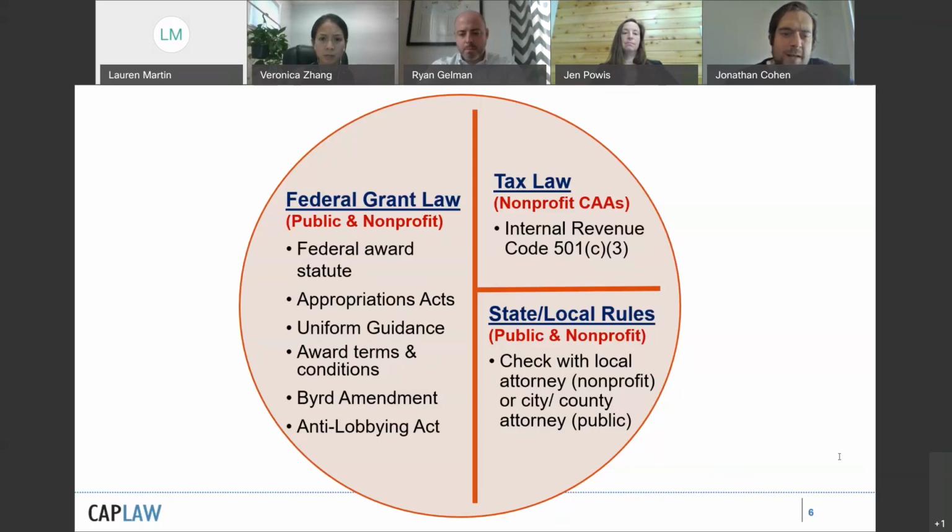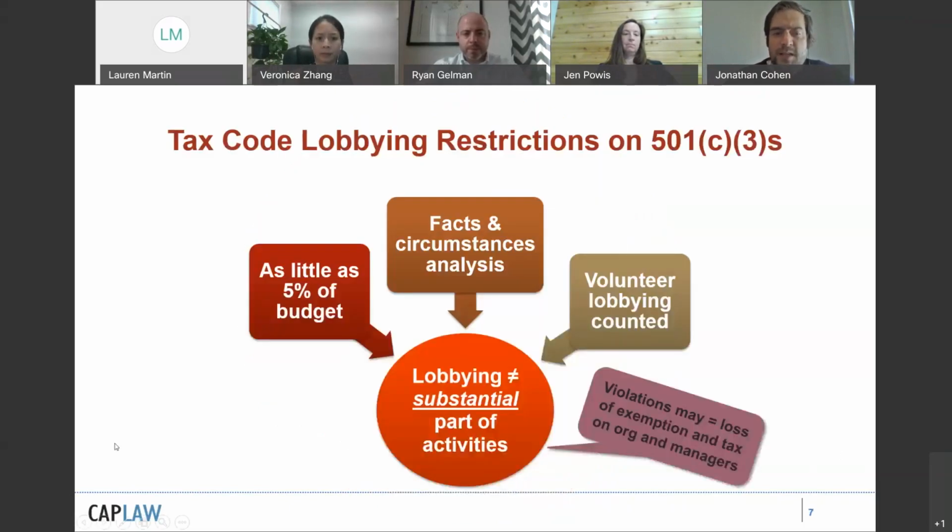It's really down to individual organizations. It's really down to what we call a facts and circumstances analysis. There are no clear-cut rules, as I said. What we do know is that it can be as little as 5% of an organization's budget. However, it could be all over the map. There are various factors that will be considered to determine whether or not your organization has engaged in substantial lobbying.